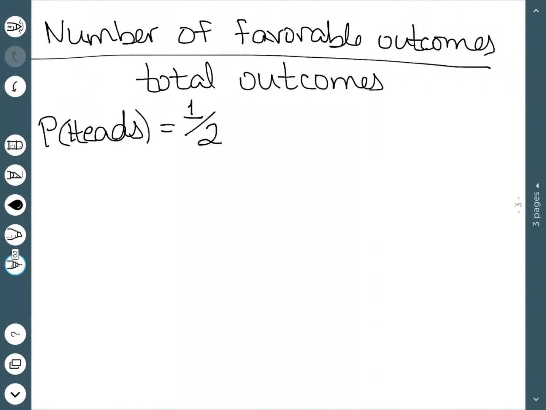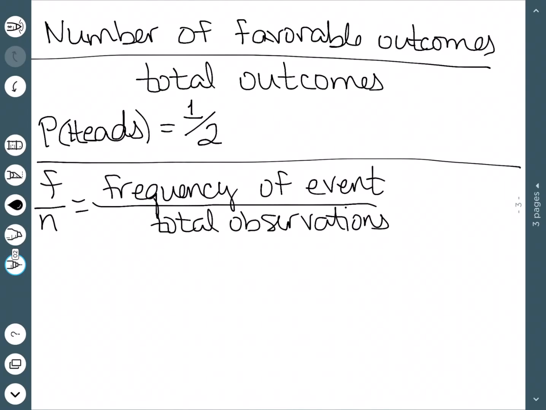The second way, we look at the frequency of an event divided by the total number of observations. So these two types of probabilities seem very, very similar, and a lot of times they can be confused, but there is a difference. My first example, I had that the probability of flipping a heads is 1/2, but using the second type of probability, I can't actually determine that. Instead, this second type is an experiment.